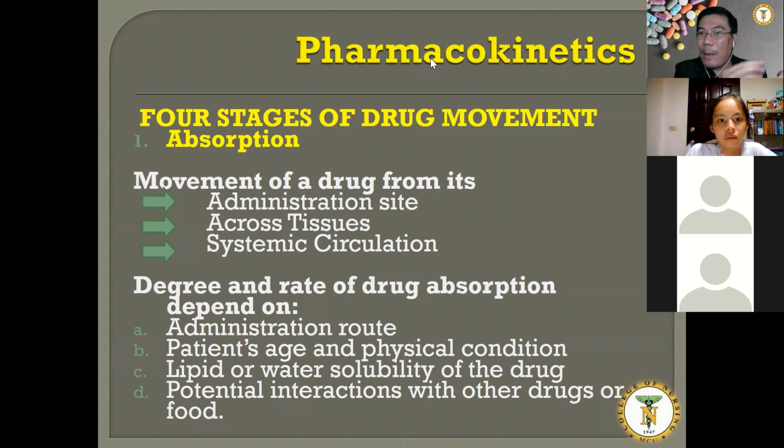So eventually it will not pass through the liver, because it circulates via direct plasma. Unlike oral, where it enters the stomach, then the intestine, then goes to the liver for first pass effect.